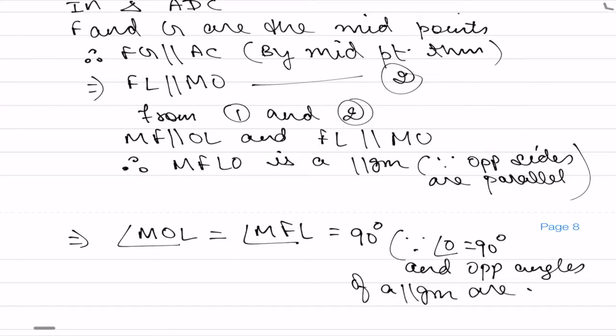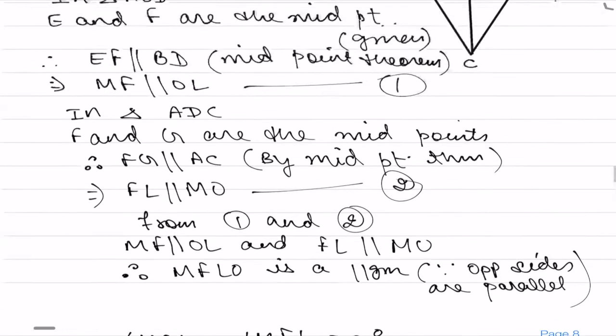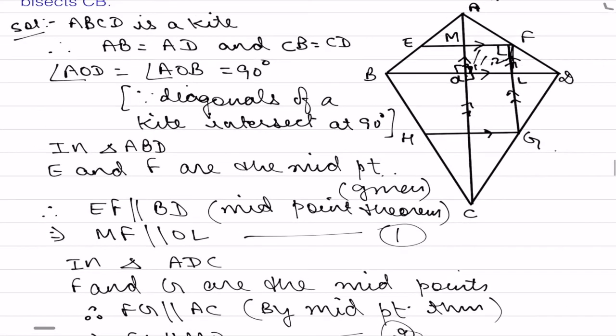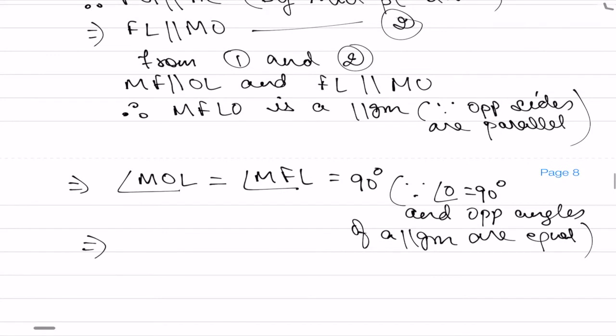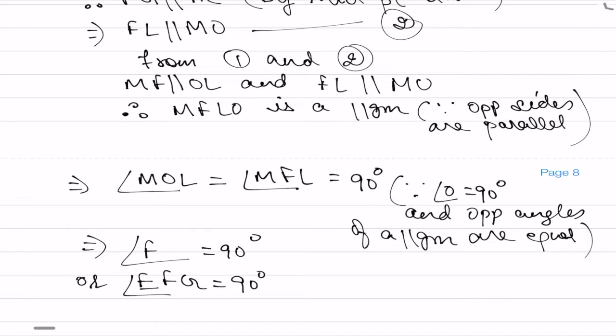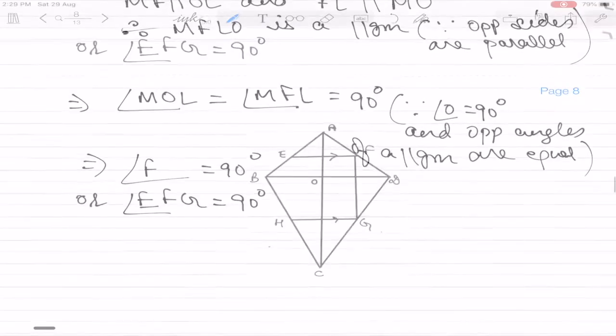This is a property of a parallelogram. So this is the first part that we have to prove: angle F, or angle EFG, is 90. So this is the first part of the question.